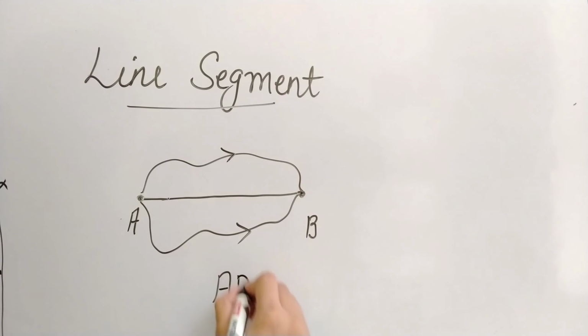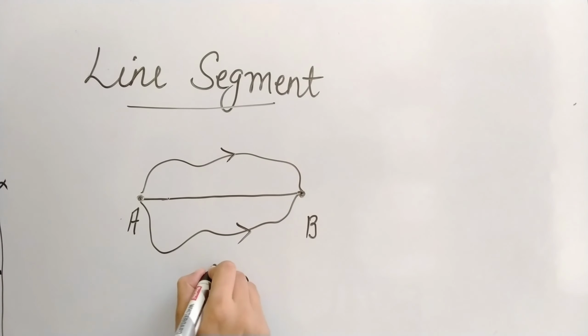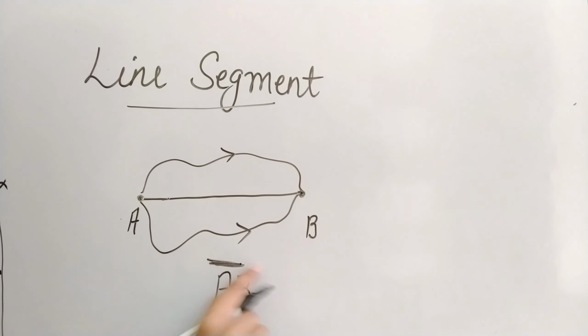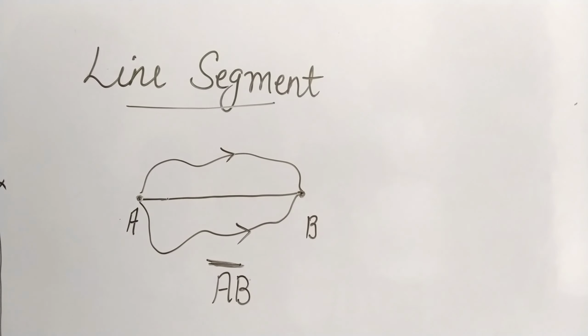You will write both the points and draw a single line over them. In a single line, no arrows are required, because it has two endpoints and it ends over here. You simply draw a straight line over AB. It indicates AB is a line segment.